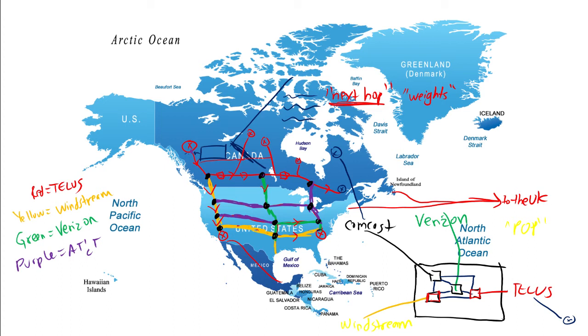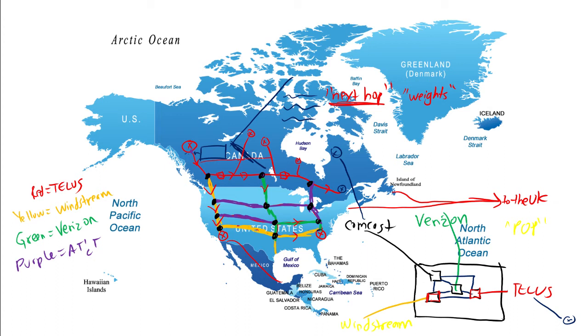Depending on how the network is functioning that day, weights may change throughout the day. Sending it through Verizon's network might be good in the morning and bad in the evening, or good now and bad 10 seconds from now. That depends because somebody else on some other network may have dumped a ton of traffic on Verizon, and now Verizon's network is slow, so we're going to pick a different route.